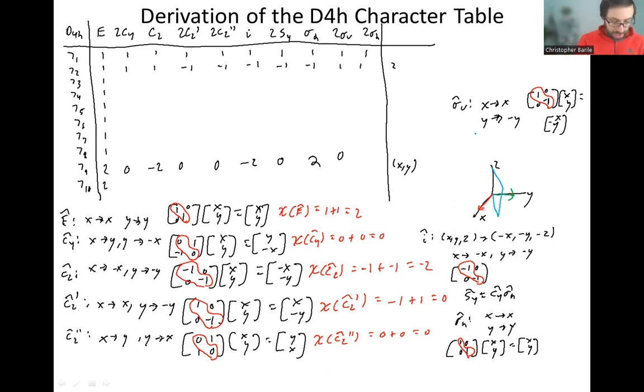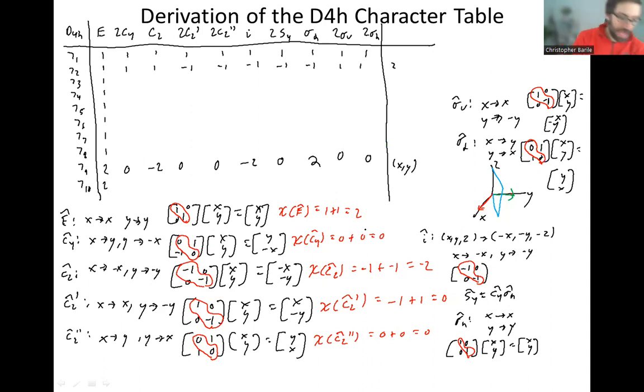So that means that for sigma d, x is going to go to y, and y is going to go to x. So we're going to have ones off the main diagonal. That's going to be our 2 by 2 matrix. That explains how xy goes to yx. And when we take the trace of that matrix, we get 0 plus 0, so we get 0.